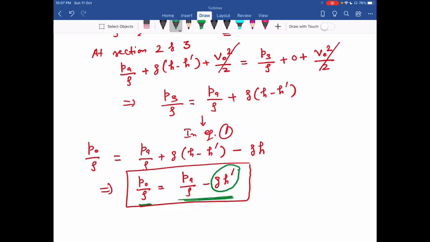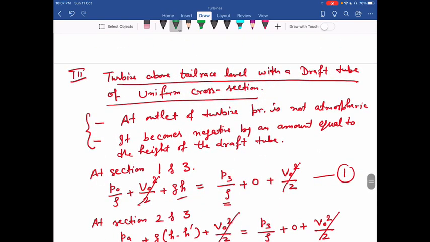So that is my second point. That proves my second point.